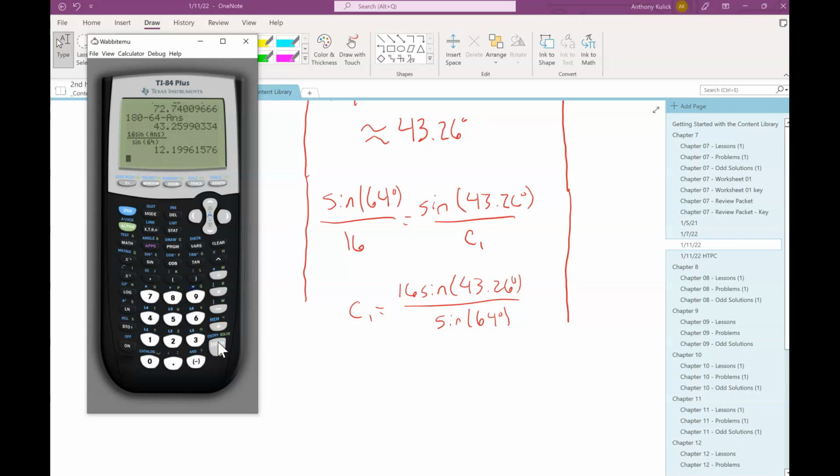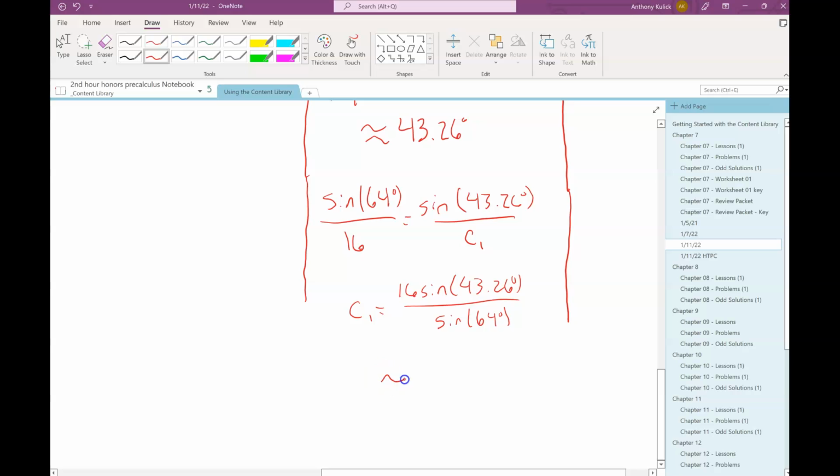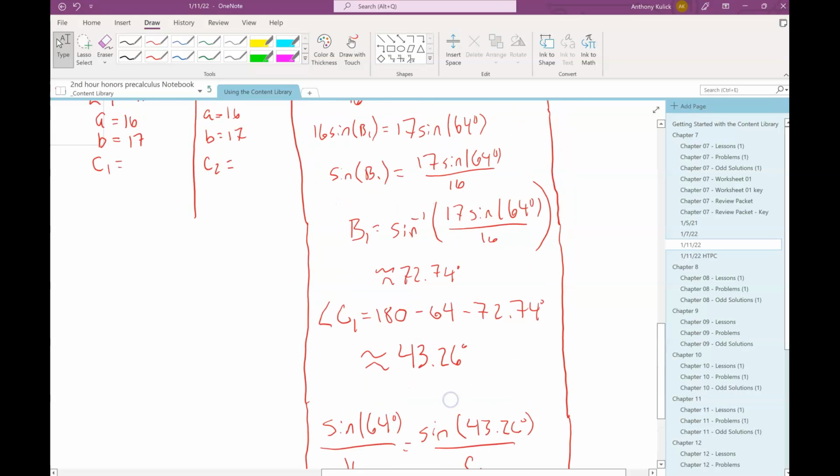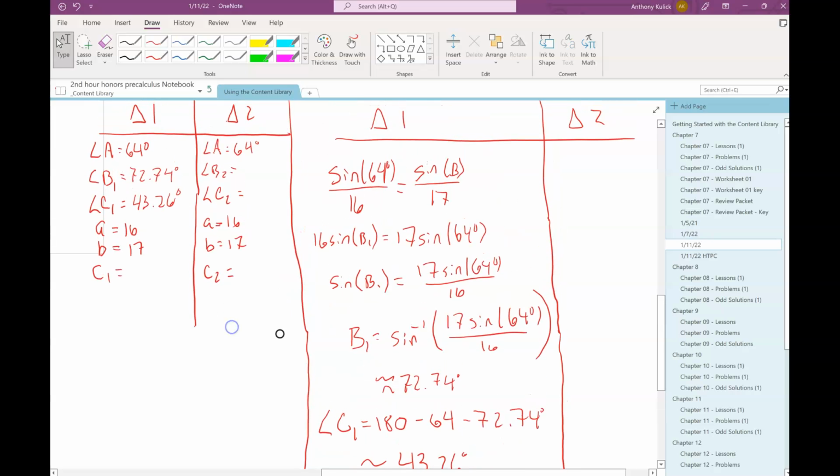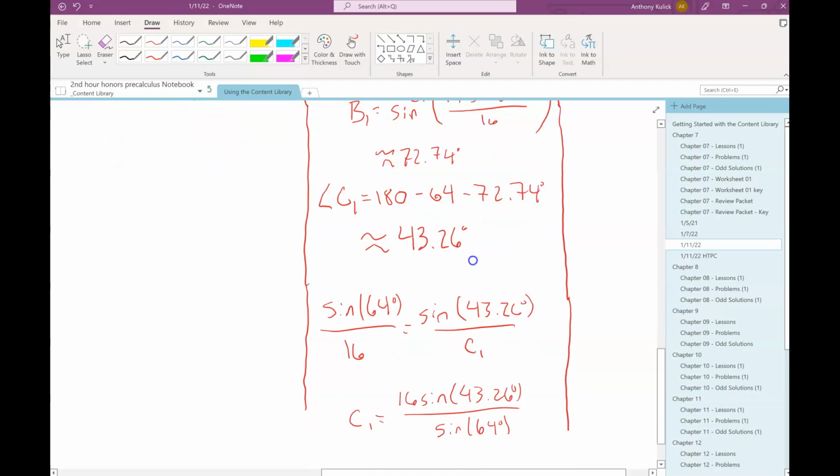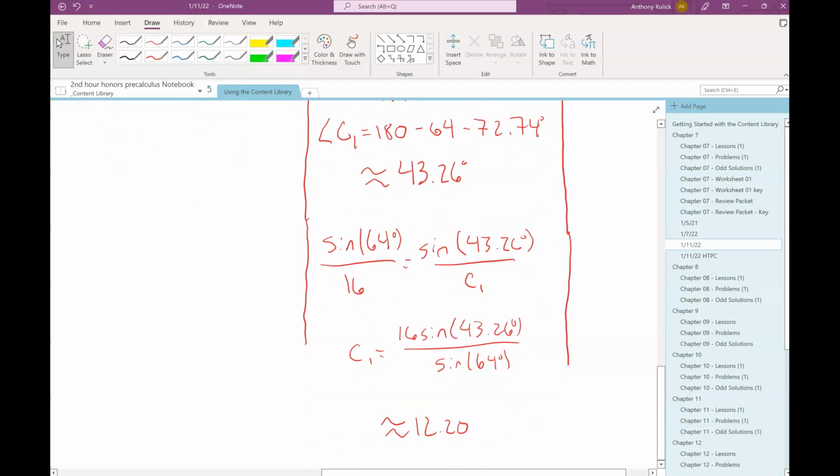So that's 12.20. Back down there, some people are probably still writing.